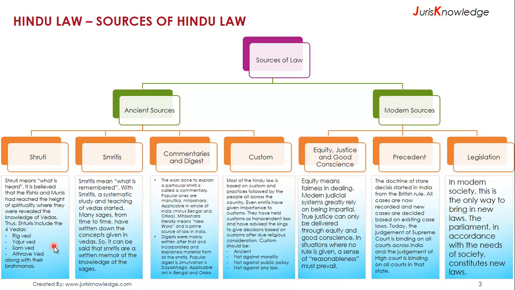Thus, Shrutis include the four Vedas, Rig Veda, Yajur Veda, Sama Veda, Atharva Veda, along with their Brahmanas. Smritis means what is remembered. With Smritis, a systematic study and teaching of Vedas started. Many sages from time to time have written down the concepts written in Vedas. So it can be said that Smritis are a written memoir of the knowledge of the sages.